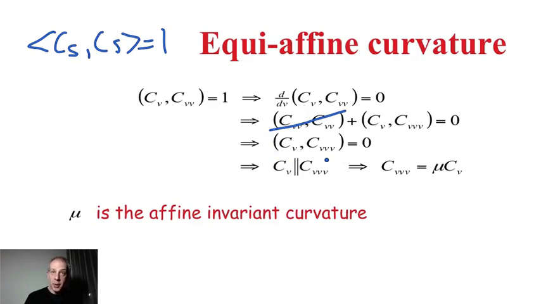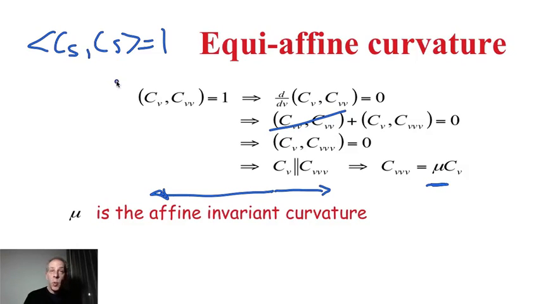Another basic property, again, of linear algebra. So the first and the third derivative, when I'm taking derivatives according to the affine arc length, are parallel. One, for example, goes in this direction, the other goes in this direction. The ratio between them we define as the affine curvature.